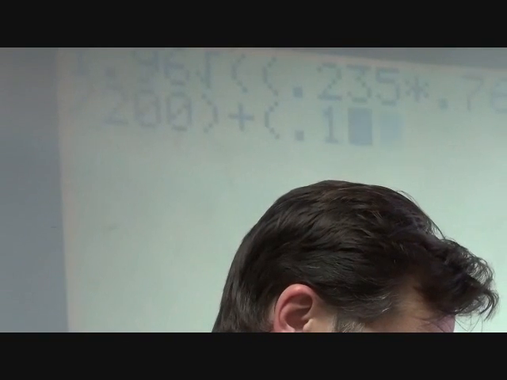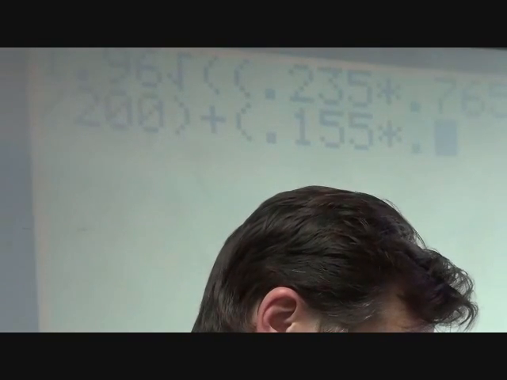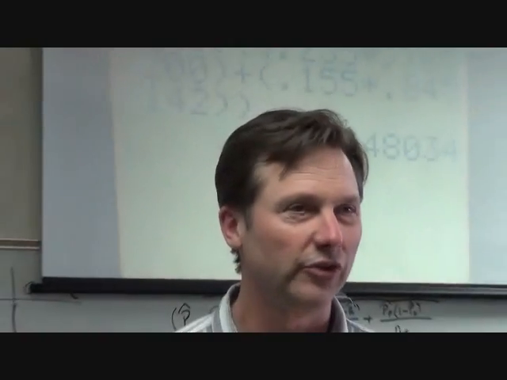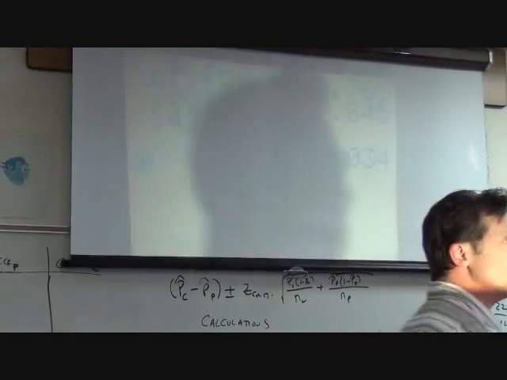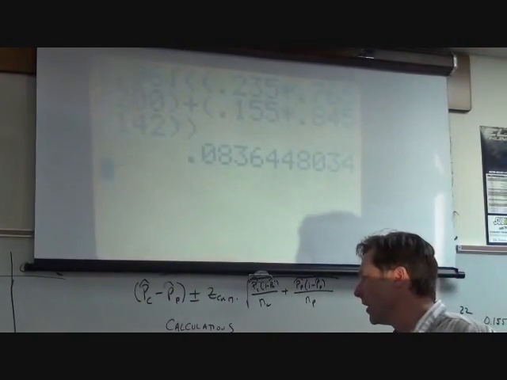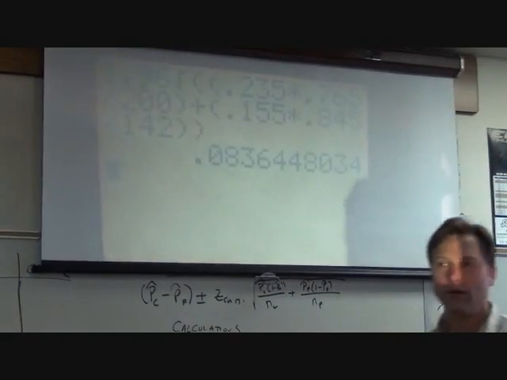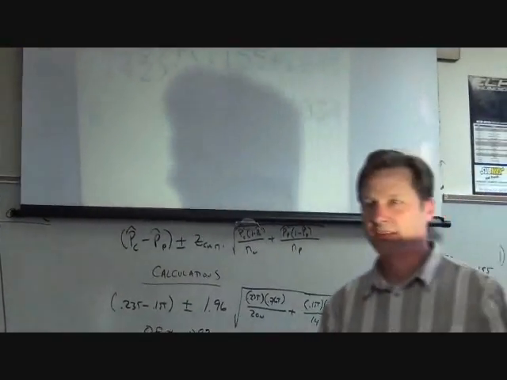Plus parenthesis 0.155 times 0.845 divided by 142, parenthesis parenthesis. So you have to be careful with all those crazy parentheses in there. It turns out our confidence interval here is going to contain 0, isn't it?